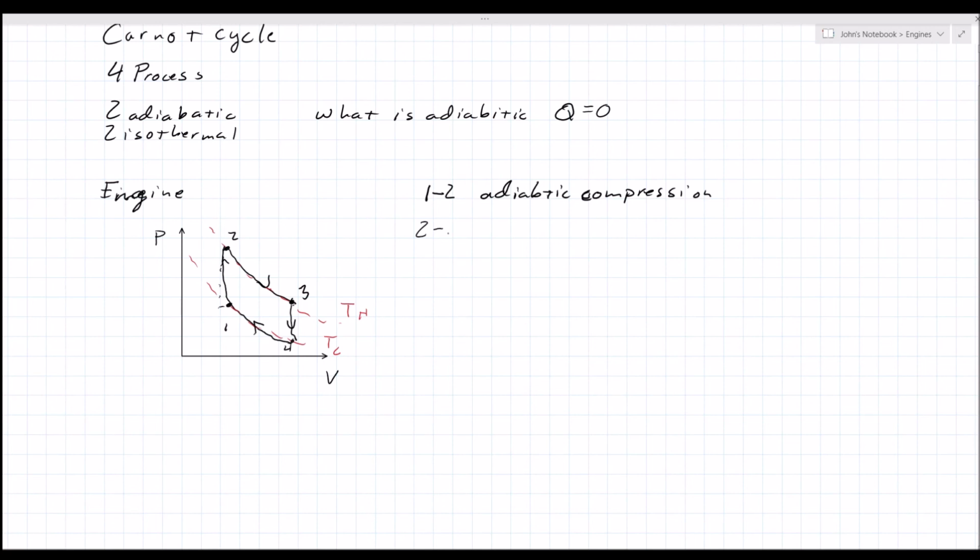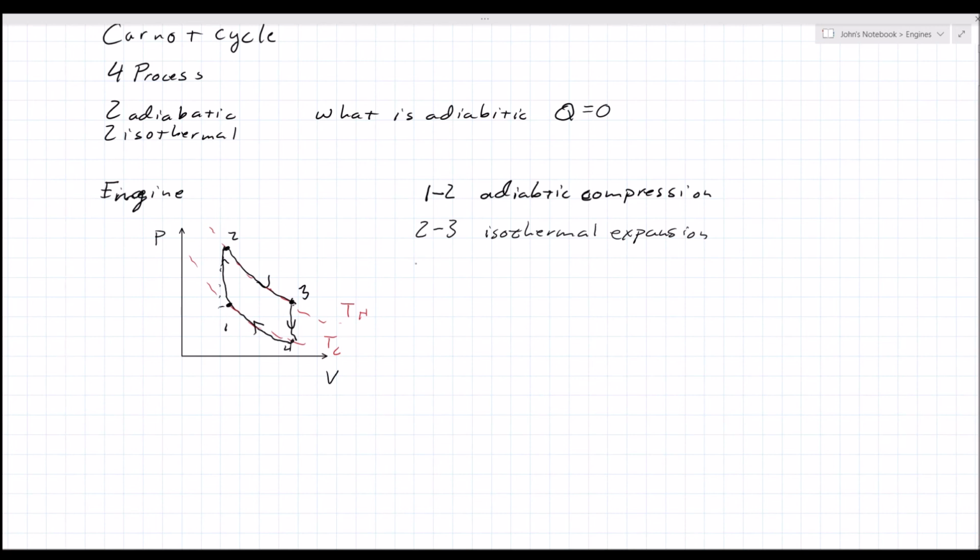2 to 3 is isothermal expansion. Here I am expanding from point 2 to point 3 along my T hot, which is my high temperature, and during this entire process my temperature does not change.